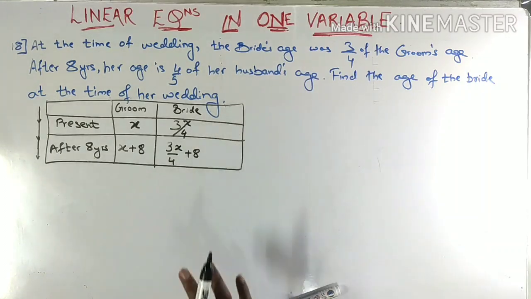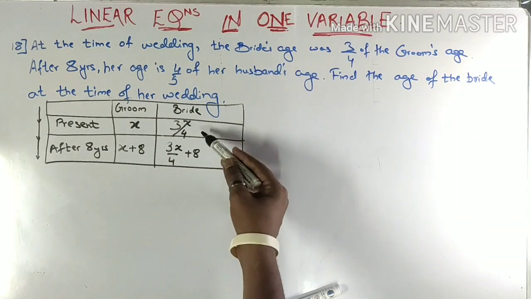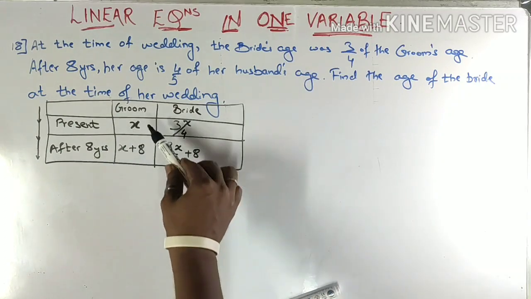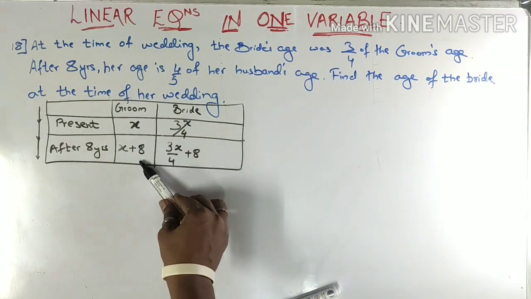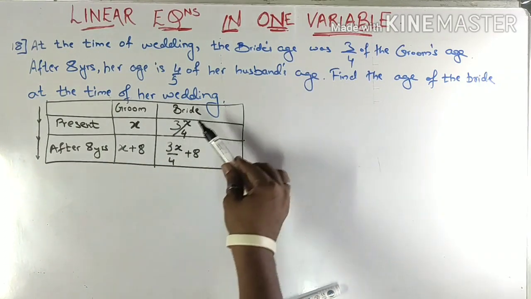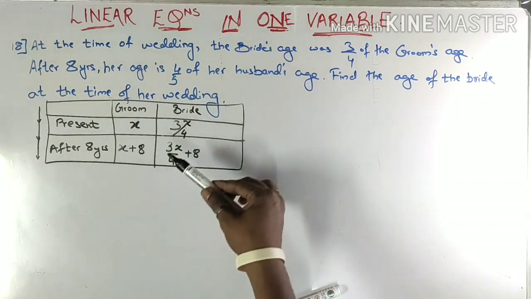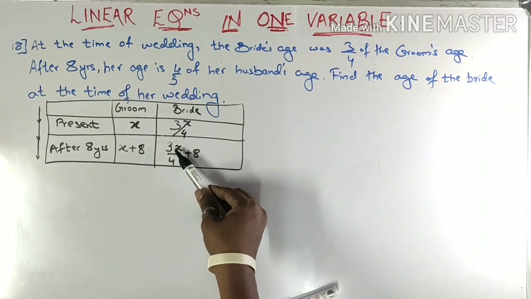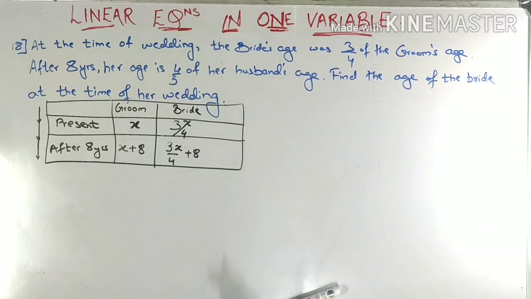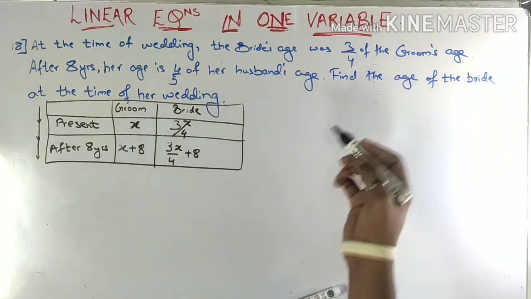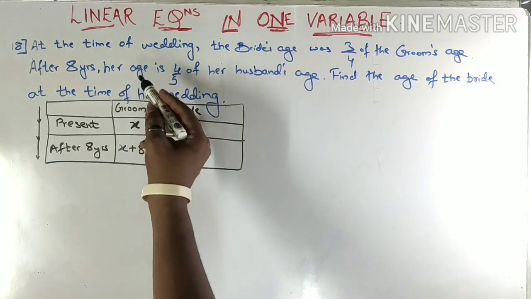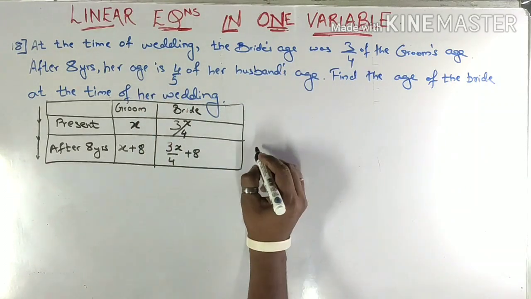So this is as per our assumption and a common logic that now groom's age is X. After 8 years, groom's age will be X plus 8. Bride's age at the time of wedding is 3 by 4x, and after 8 years it will be 3 by 4x plus 8. Now based on the second condition given, the bride's age is 4 by 5th.